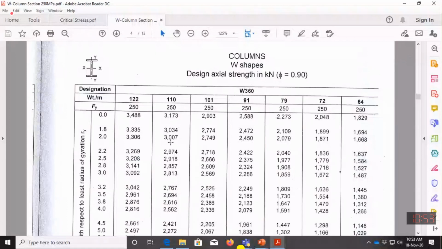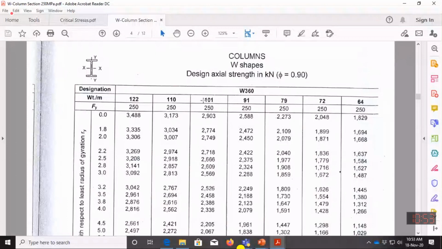And in the second row, the weight of any particular section is written, which is 122 here. So here the weight of this section is 122 kilogram per meter. If I am referring to this particular column, the designation of the section will be W360 multiplied by 101.